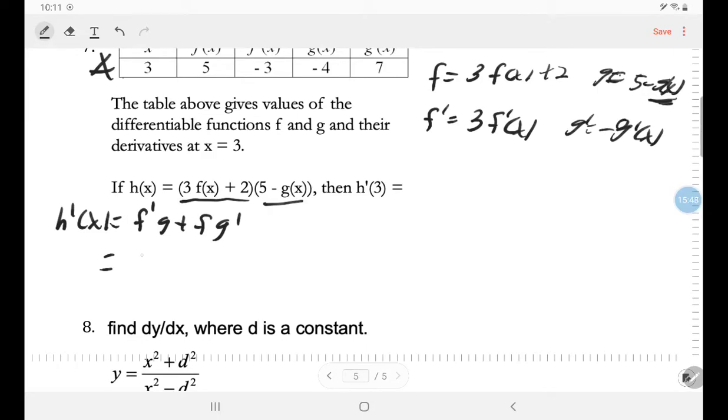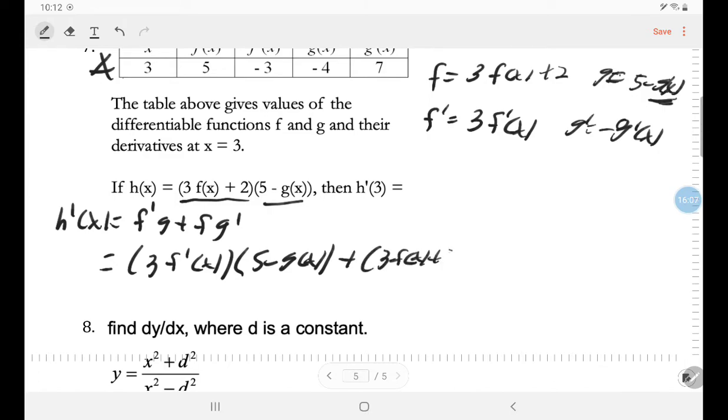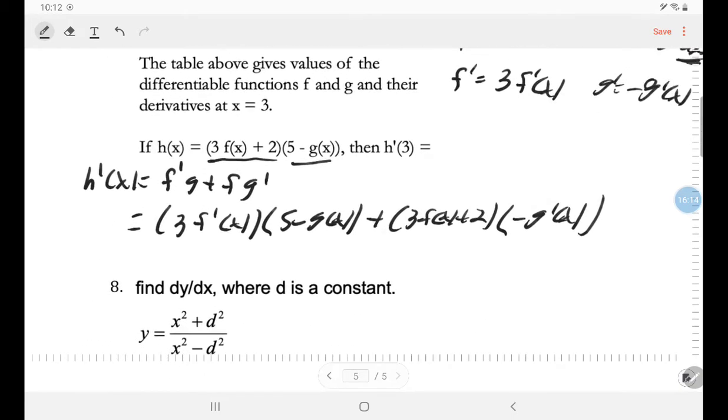So my f prime is 3f prime of x times my g, which is 5 minus g of x, plus my f, which is 3f of x plus 2, and then my g prime, which is negative g prime of x. So now we've at least found the formula for my derivative. Now we take care of this part.